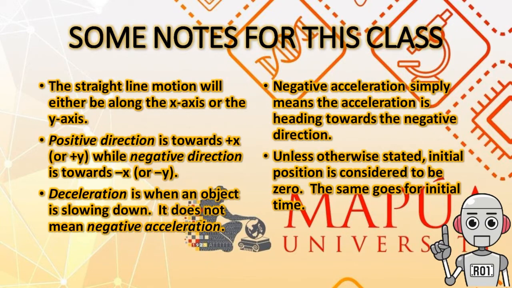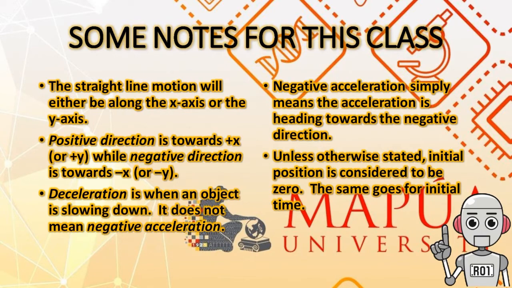But if the object is heading towards negative x and is decelerating, the acceleration is heading towards positive x. Again, deceleration means that the object is slowing down, not necessarily that the acceleration is negative. Negative acceleration simply means that the acceleration is heading towards the negative direction.